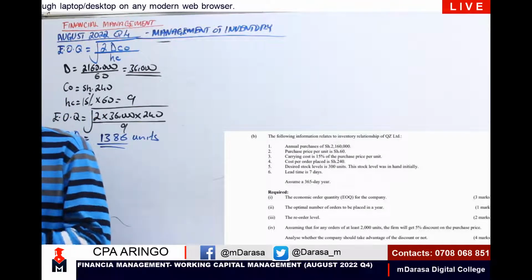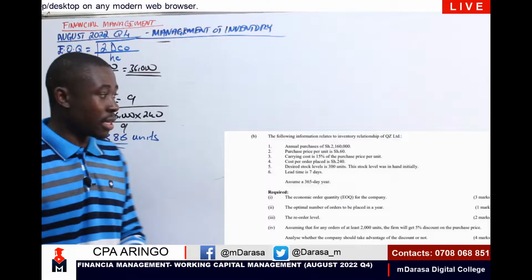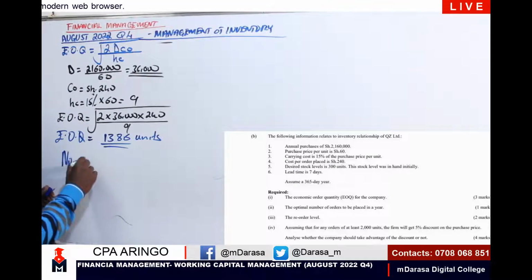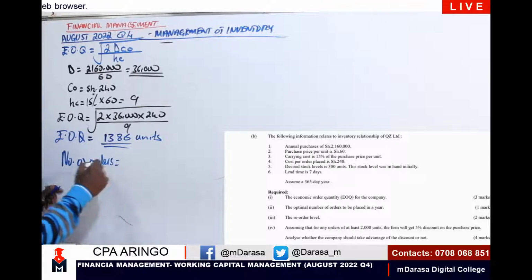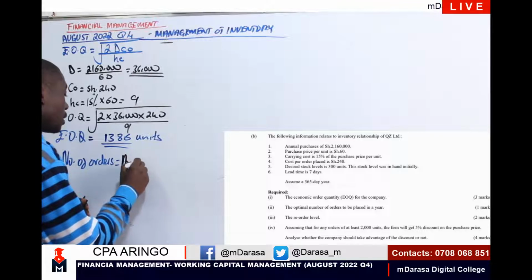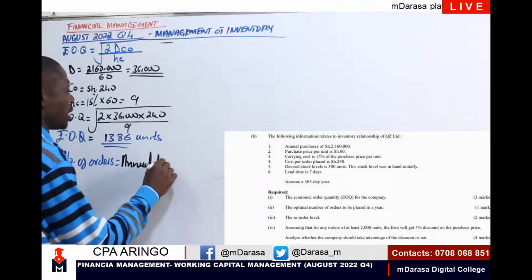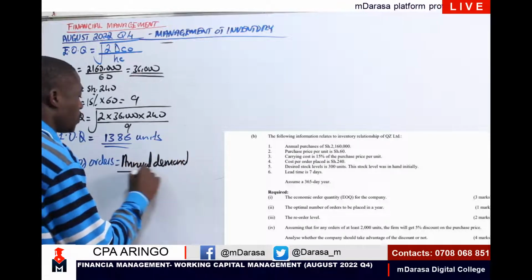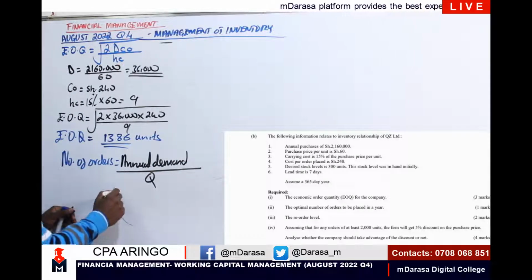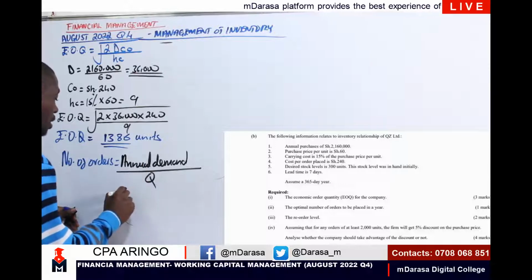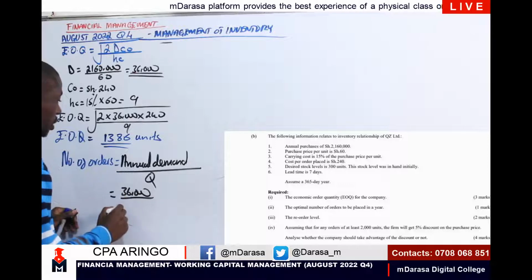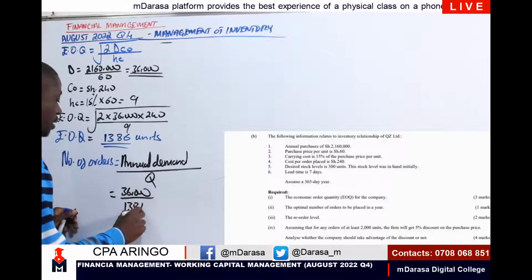So that is to say, my good students, that in the event that I'm asked to determine our number of orders, I should always recall our annual demand. We divide by our Q, which in this case, our annual demand clearly we've seen is 36,000 units. And our Q we've seen is our EOQ, which is 1,386.